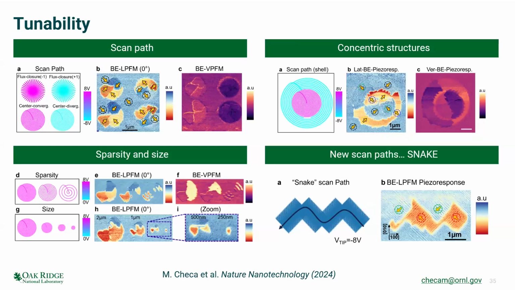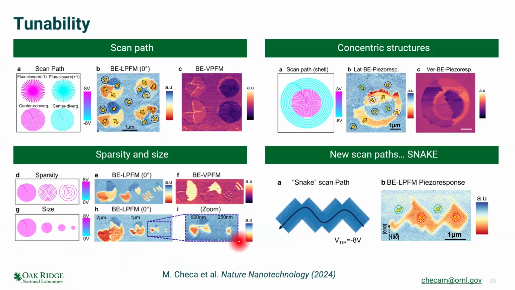So this is highly tunable, right? Now we can start writing arrays of these. We can play with the scan direction and generate 4 different states just with positive and negative bias and flower and spiral scans. But not only that, we can also play with sparsity, right? So we can generate ring-like structures that overall resemble a center-convergent, center-divergent type structure.